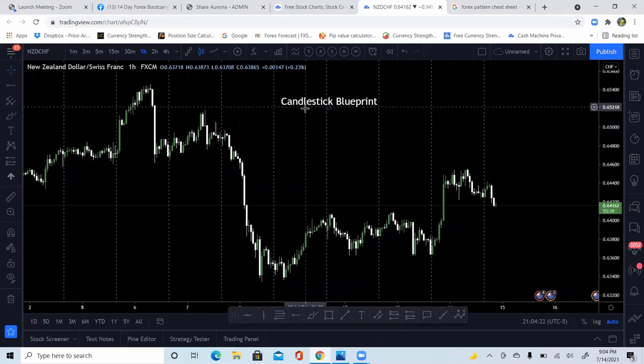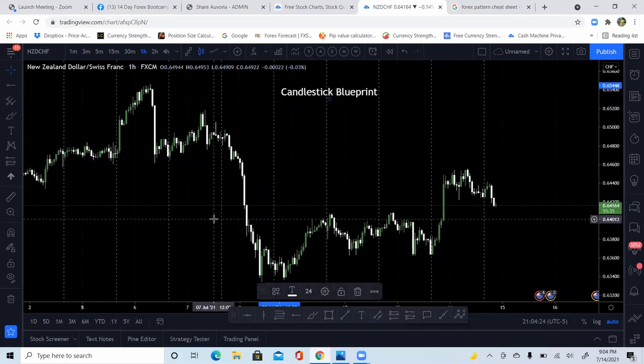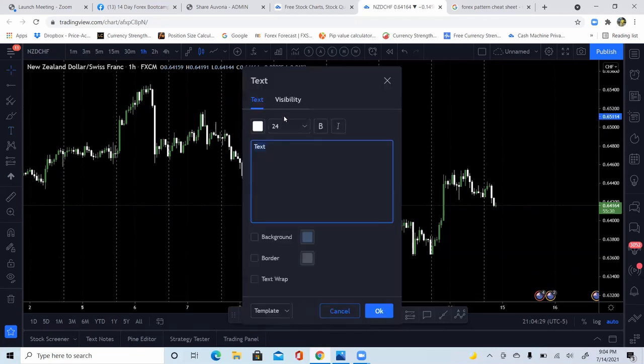The first part is going to be understanding the candlestick patterns and why they are important. Then the second one is going to be understanding chart patterns, how to have an analysis strictly based off of what the candles are doing.